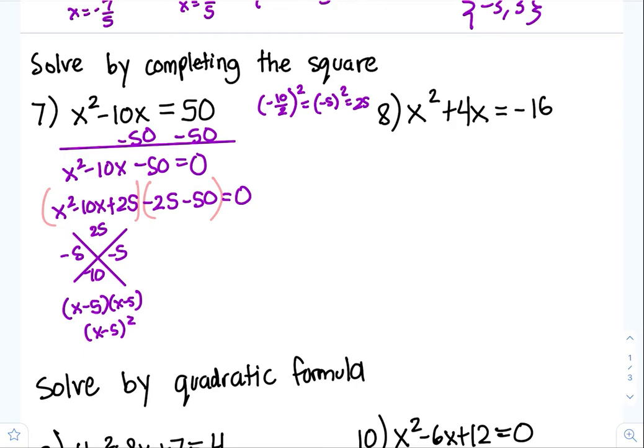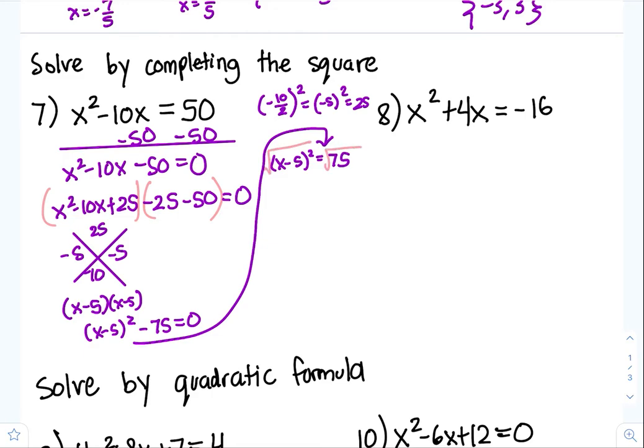Now, -25 minus 50 is -75. And now from here, you just solve for x. So x minus 5 squared is equal to 75. I just added 75 to both sides.